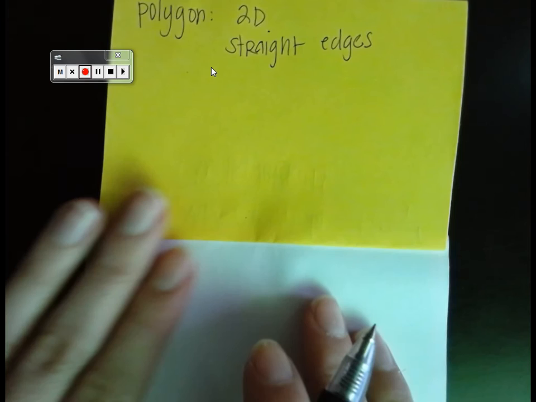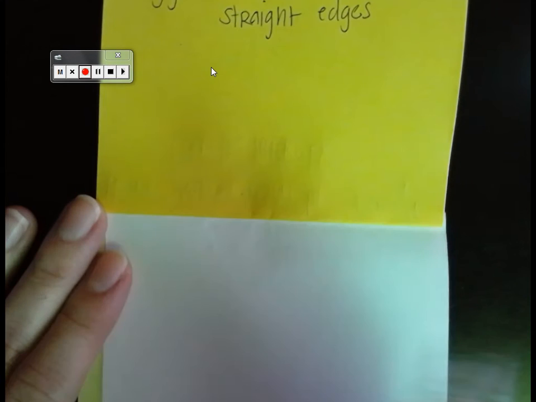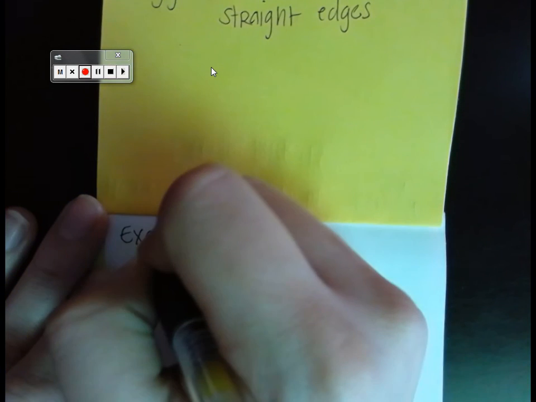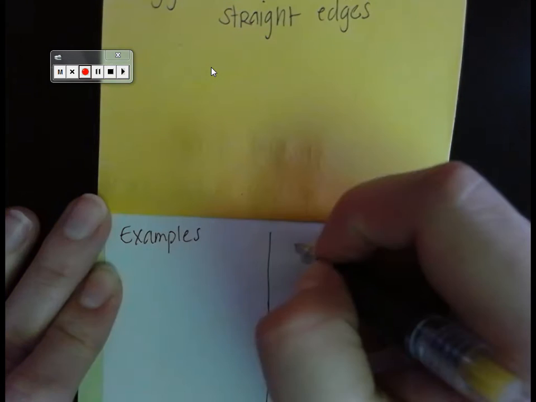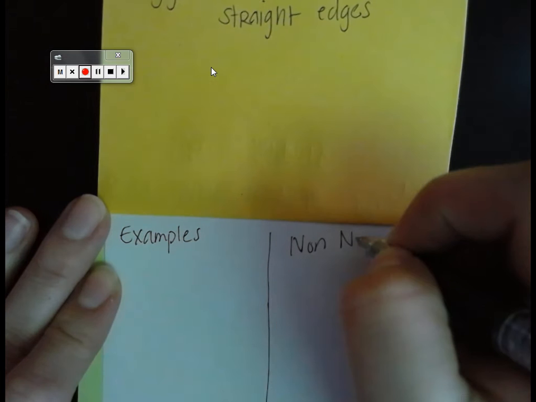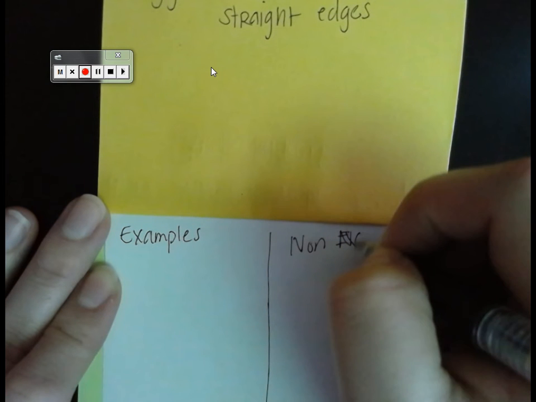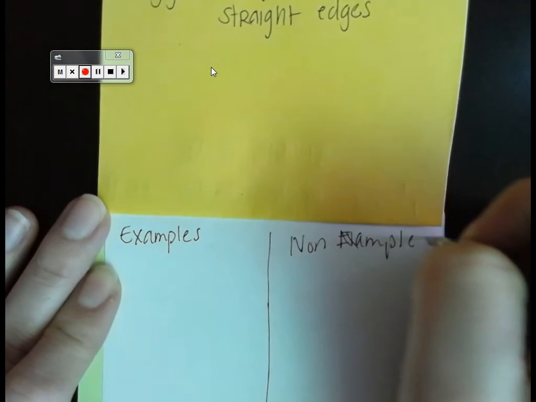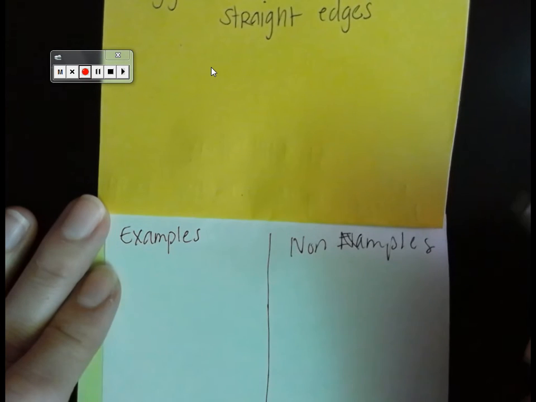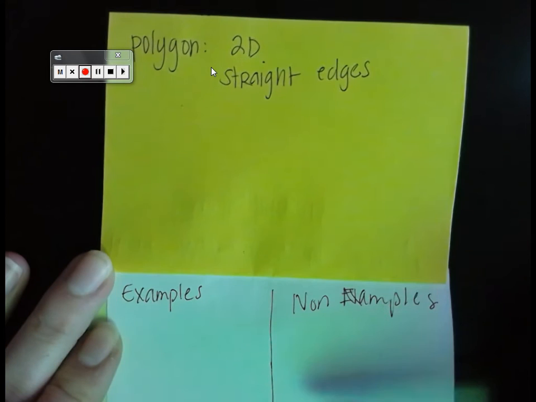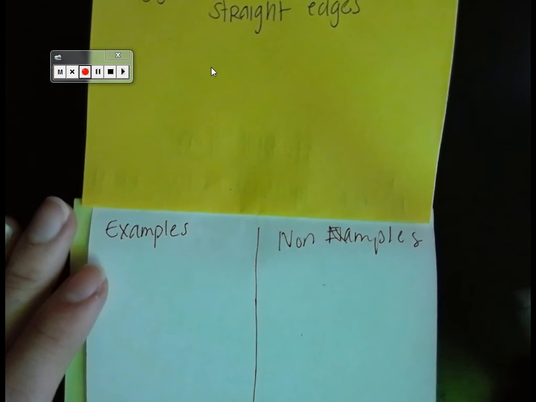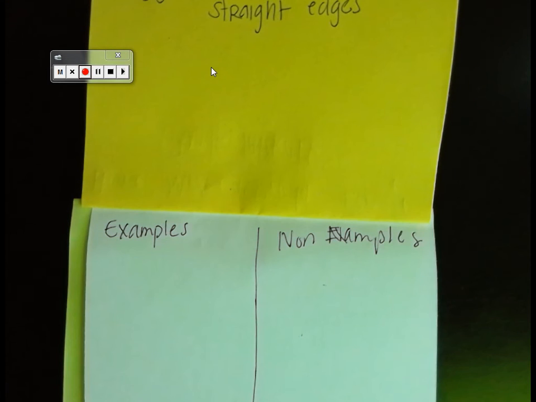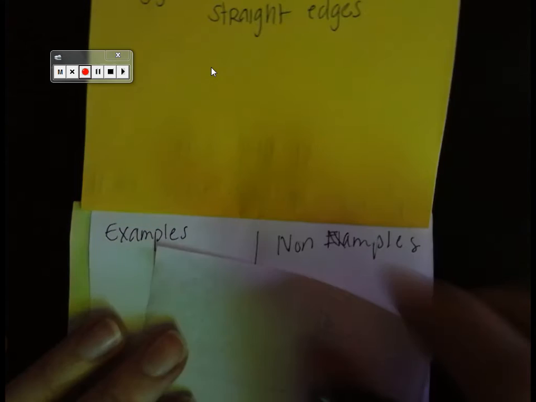So down here, we're going to put examples and non-examples. Up here went straight edges, right underneath it on the other color. So examples, non-examples. I'm going to draw something. Tell me if you think it would go in the examples or non-examples.